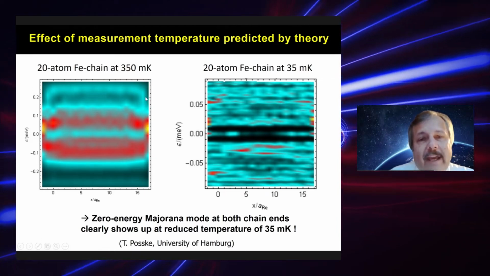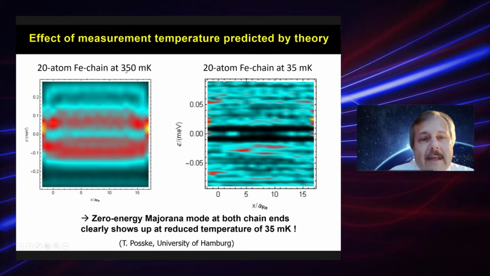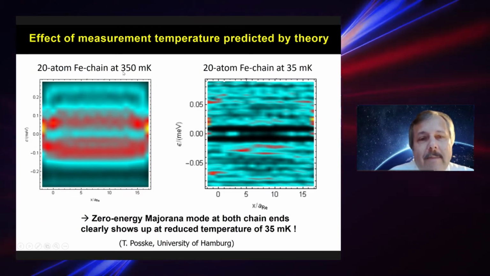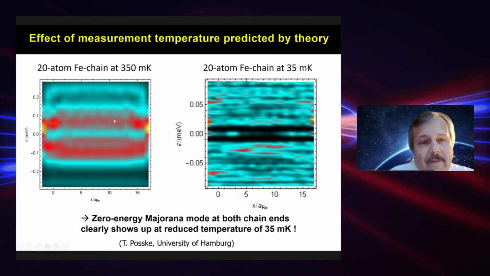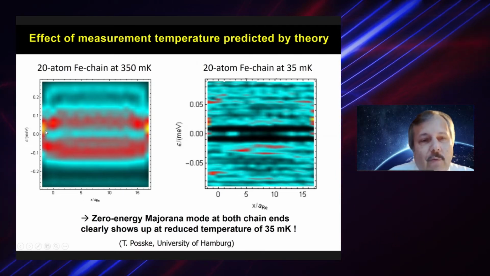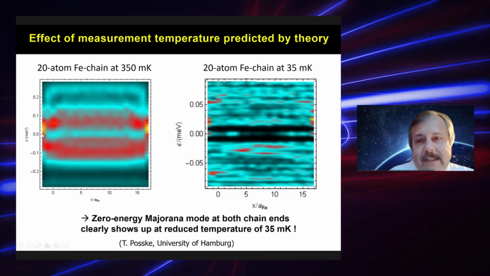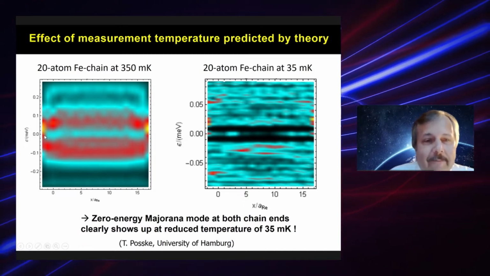This is a calculation taking into account the thermal smearing at a temperature, and this is the measurement temperature in our experiment, namely 350 millikelvin. And one can see that the finite energy Shiba bands bend a little bit towards zero energy, overlapping partially with the zero energy modes. And this is, of course, something one does not want to have.